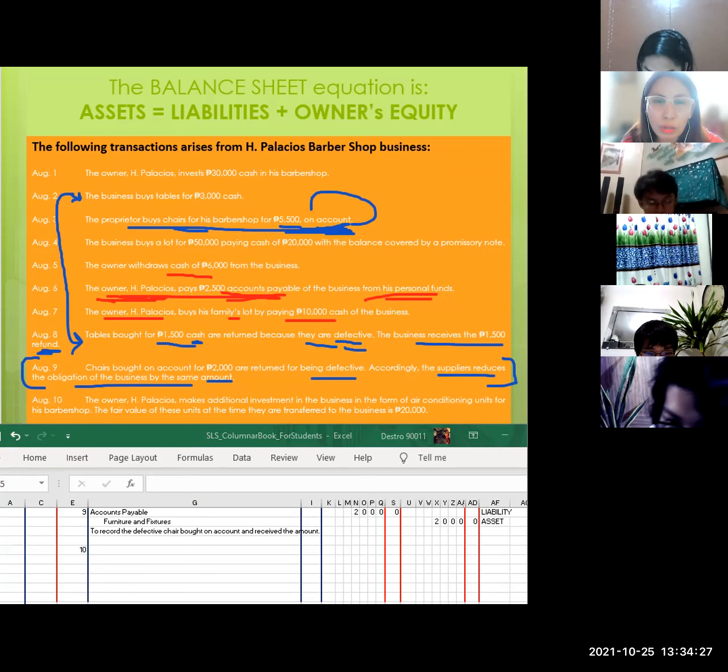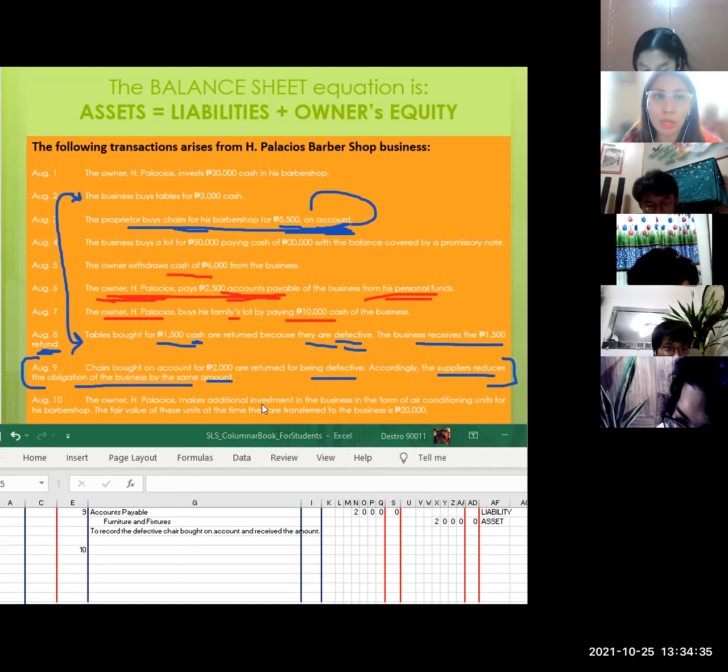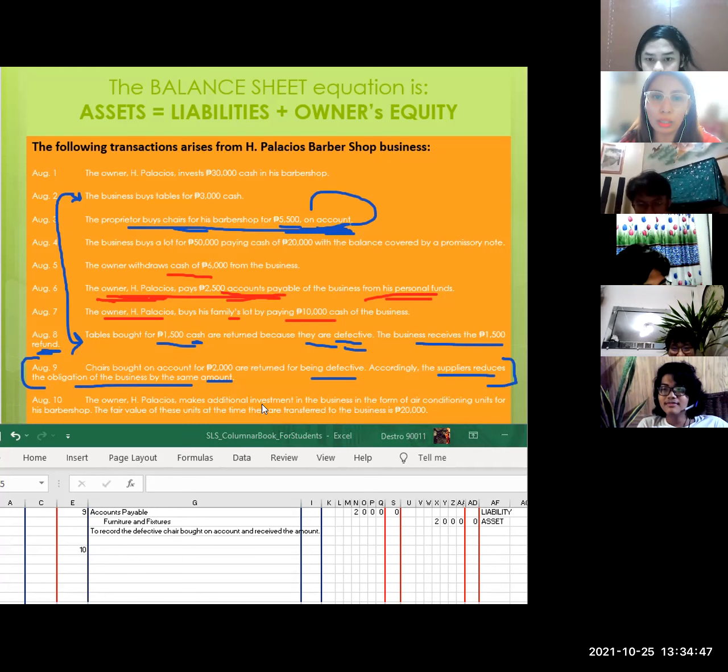So, if we are to analyze the transaction, the owner makes additional investment. On August 1, the owner already had an investment amounting to 30,000 pesos. On August 10, there is an additional investment by the owner in the business in the form of air conditioning units.